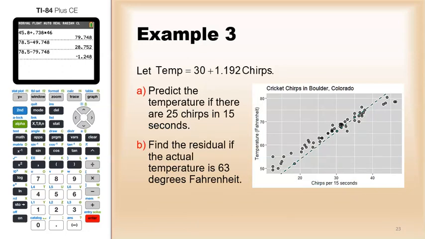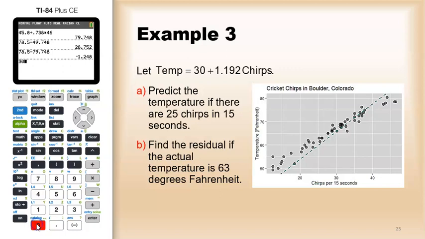If I went with a different equation, 30 plus 1.192 times the number of chirps, and I want to predict the temperature if there are 25 chirps per 15 seconds, I would start off with 30 plus 1.192 times 25 chirps for every 15 seconds.